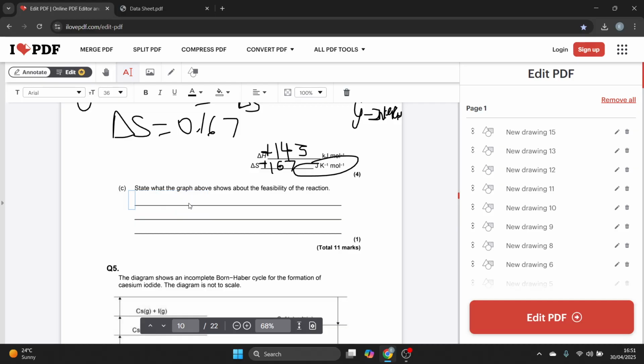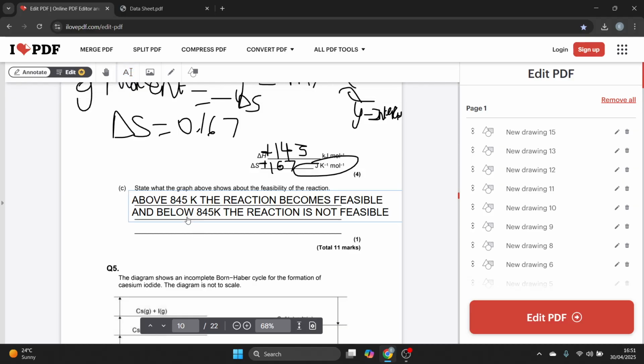So above 845 Kelvin, the reaction becomes feasible, and below 845 Kelvin, the reaction is not feasible, or thermodynamically feasible, whatever you want to say.